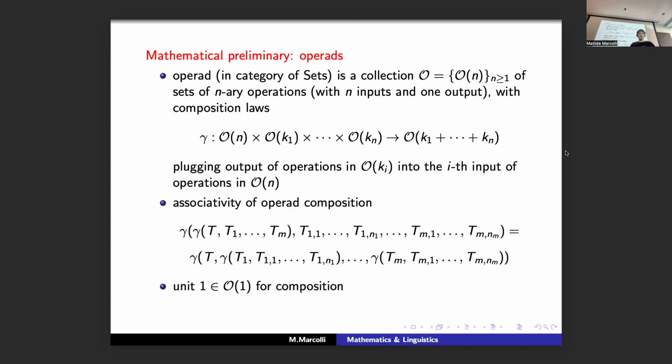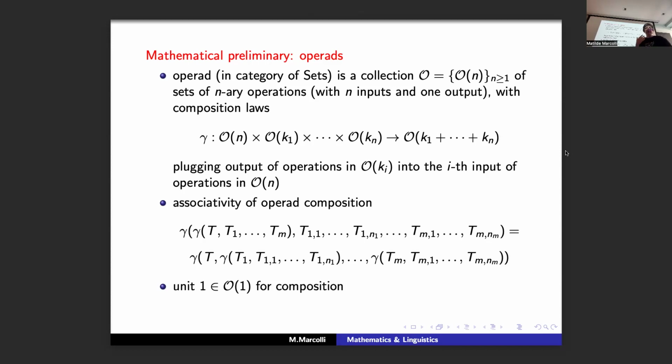Okay, so what about now a little bit of mathematical background for this discussion? An operad is a general algebraic structure. You could do it in a setting of various categories, but let's just say in the category of sets.